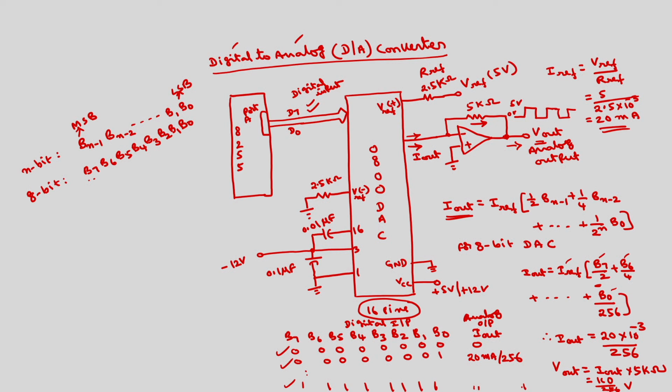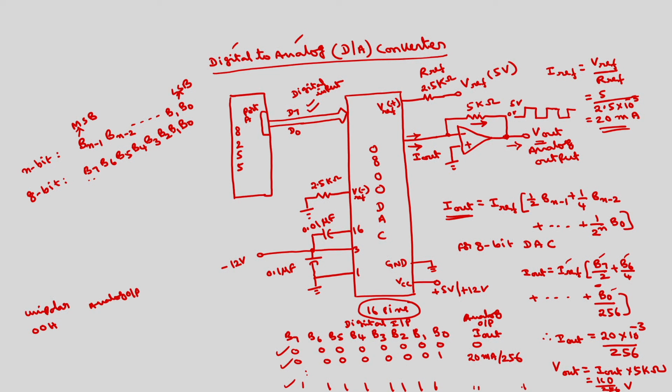Similar to this A to D converter, here also we have unipolar, means for unipolar, 00 H corresponds to 0 volt analog output.